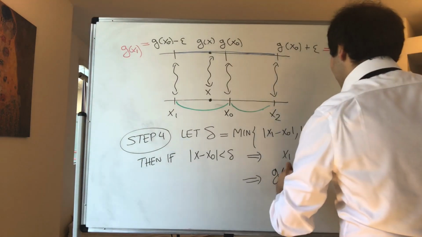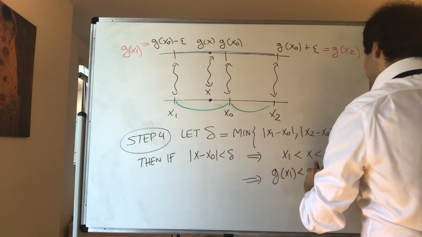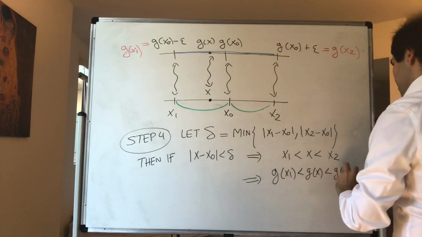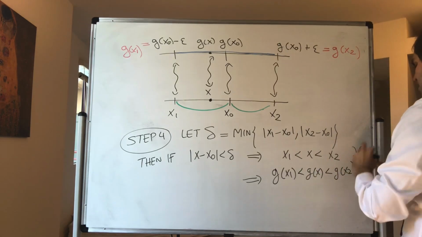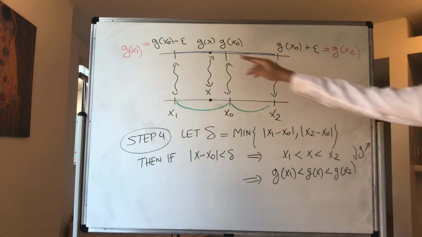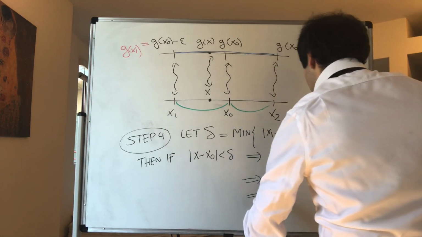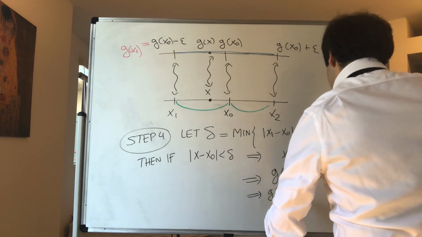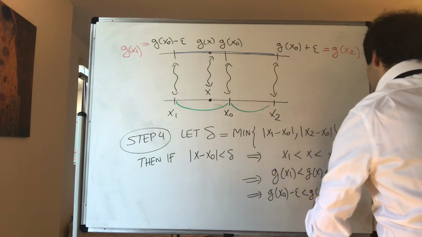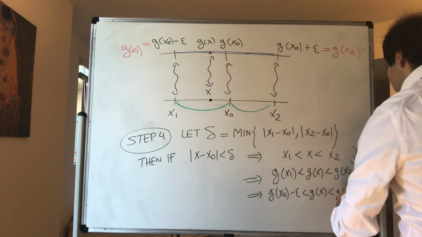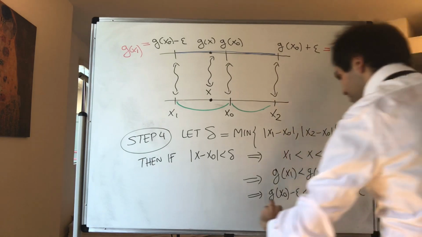So now g of x1 is less than g of x is less than g of x2. Again, because g is increasing. But now remember, g of x1 is just g of x0 minus epsilon. And that's less than g of x, and that's less than g of x0 plus epsilon.